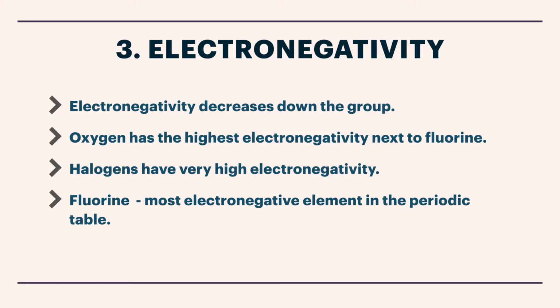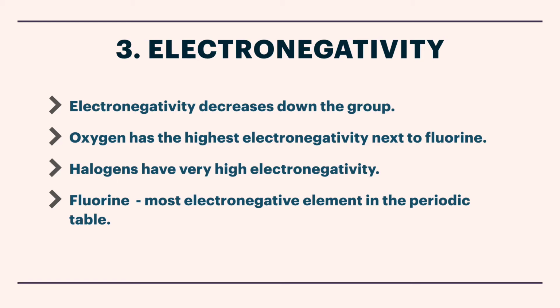So whenever I talk about electronegativity, I should remember that I am talking about a bonded pair of electrons. I cannot talk about only one electron or only one atom. When it is bonded with some other atom or element, I can talk about the electronegativity.